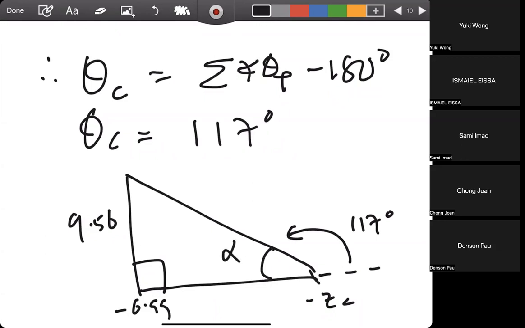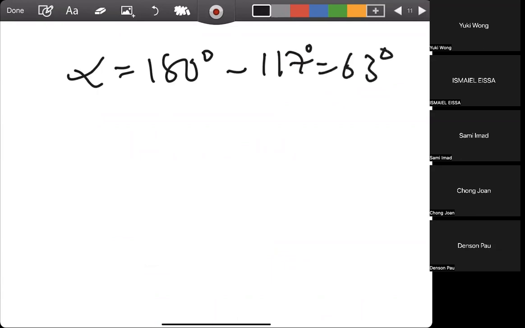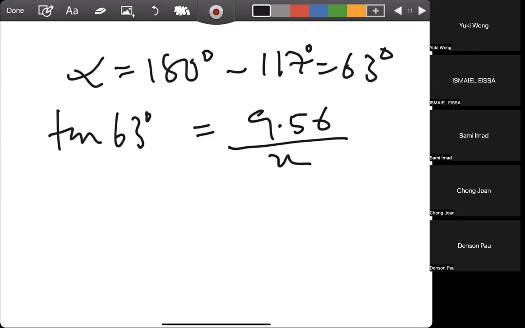With this distance as x. So alpha is equal to 180 degrees minus 117 degrees, so 60 degrees. So tangent 60 degrees is equal to 9.56 divided by x.